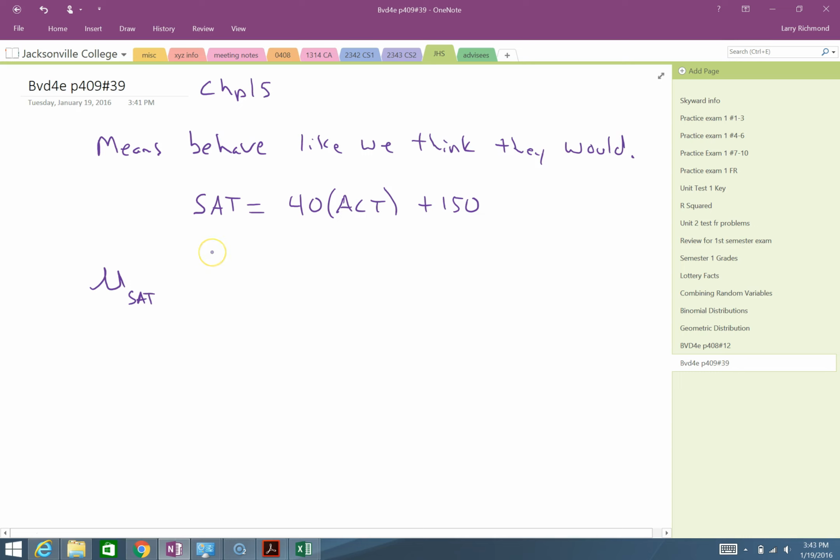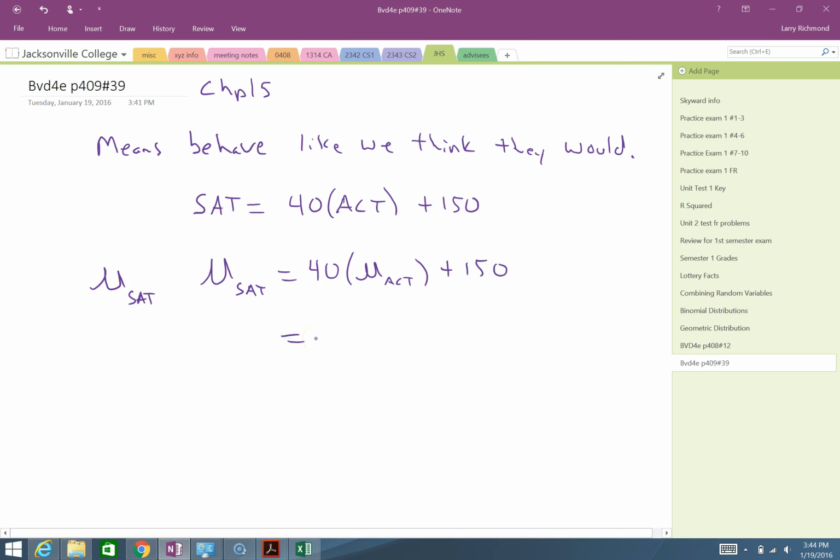So our mean SAT is going to equal 40 times our mean ACT plus 150. Means behave exactly like we think they should.